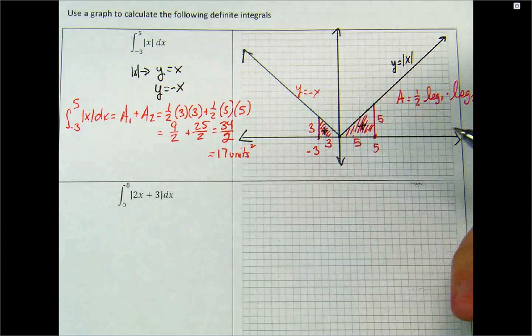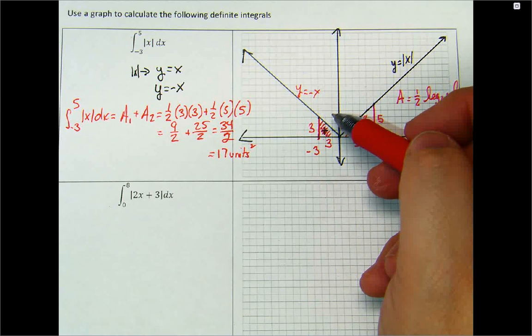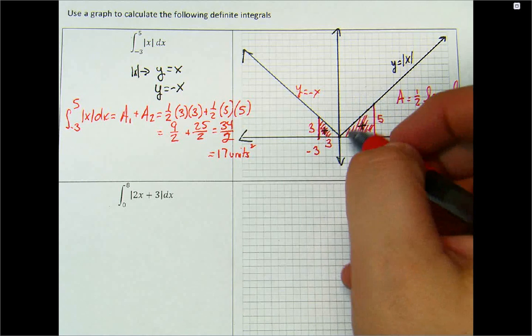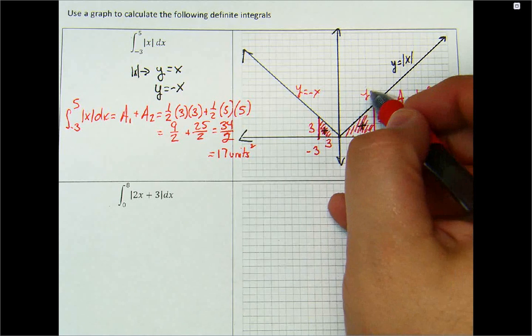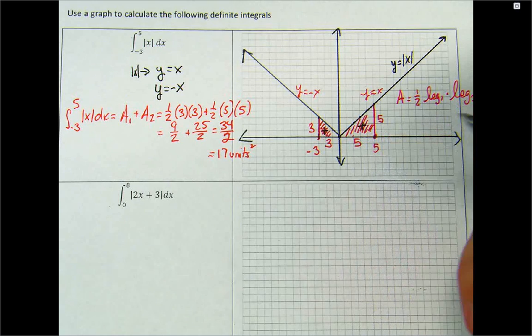And so we'd have to integrate -x in that case for this part of it. For this part of it, we'd have to integrate y equals x from 0 to 5. So we'd actually have to break it up into 2 parts. So it's not a neat formula type of thing to find an antiderivative for it.